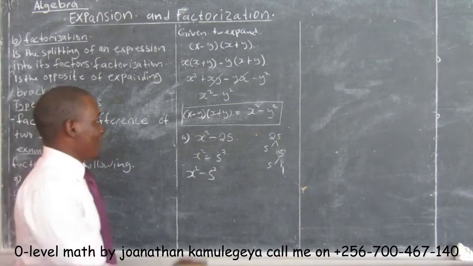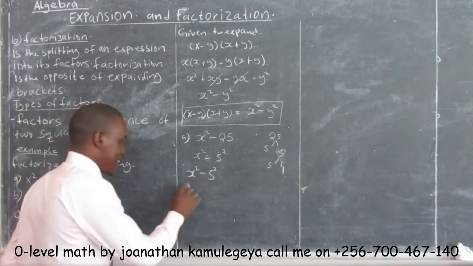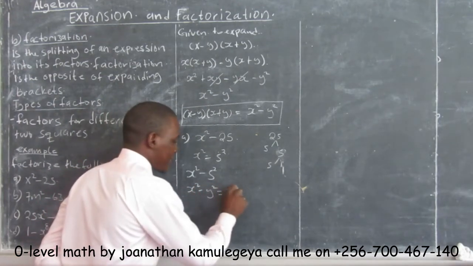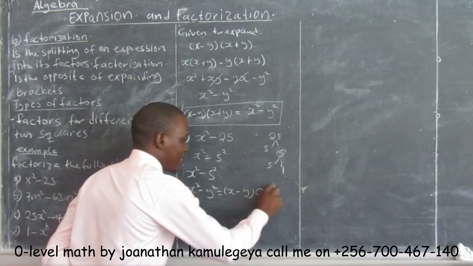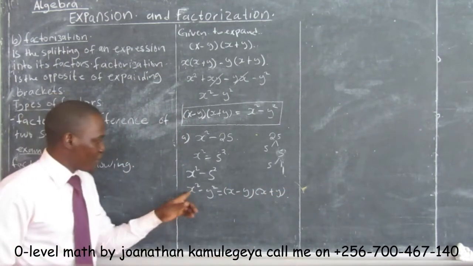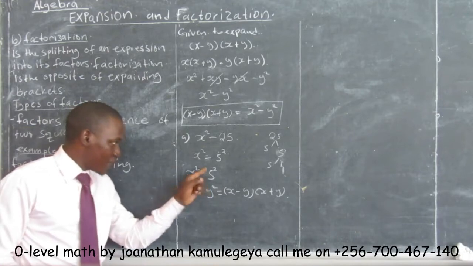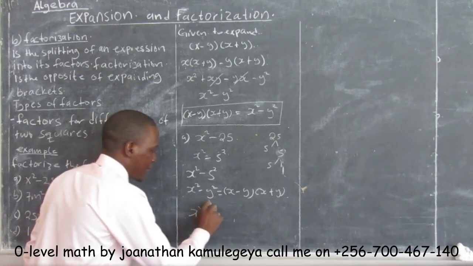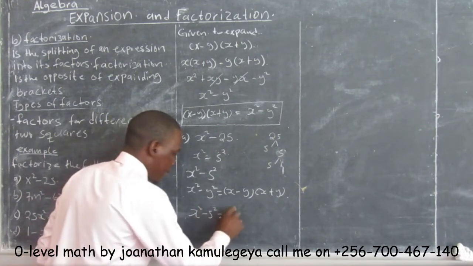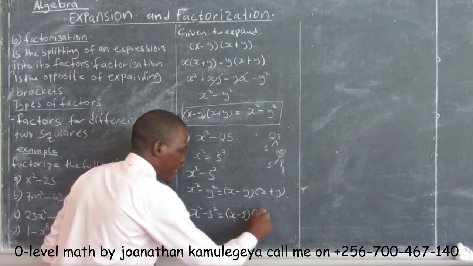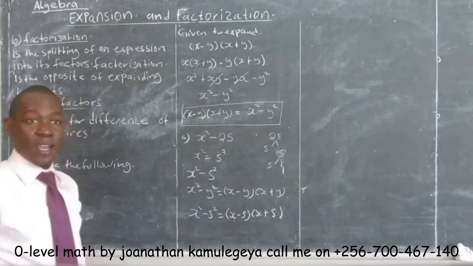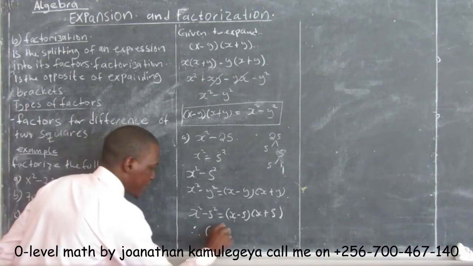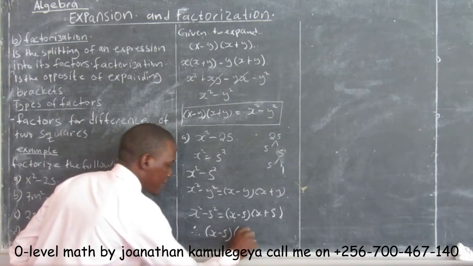If we apply x squared minus y squared equals x minus y into x plus y, taking our x to be x in this expression and our y to be 5, and we substitute, we shall have x squared minus 5 squared as the same as x minus 5 into x plus 5. By doing that, I have factorized this expression. Therefore, my answer is x minus 5 into x plus 5.